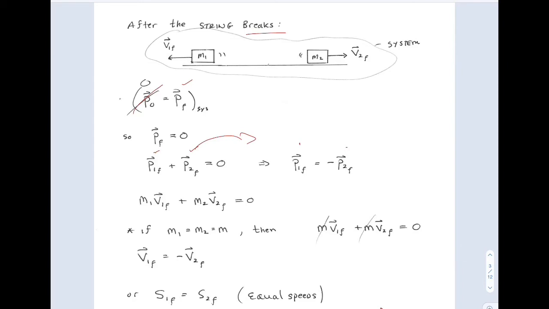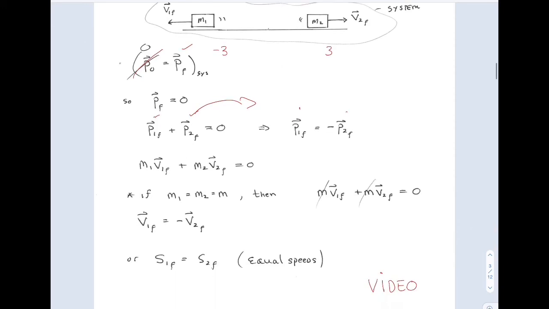For example, if number 2 has a momentum of 3, and I'm making that positive because it points to the right, then the momentum of number 1 would be minus 3, with the correct unit. So they're equal and opposite. Here I put in P1 final is M1 V1 final, and P2 final is M2 V2 final, as vectors. I wrote this over here.